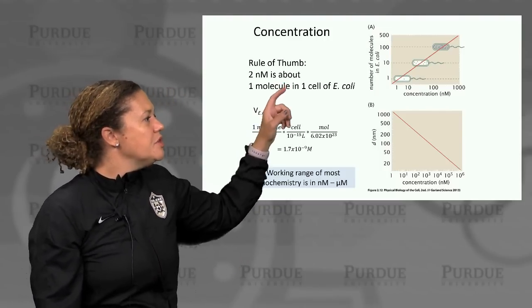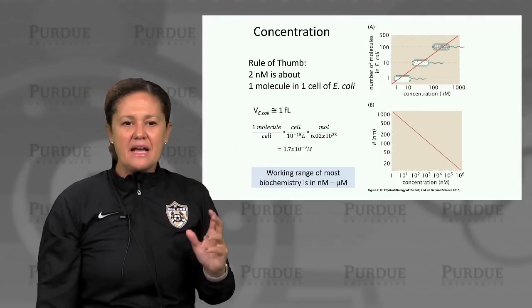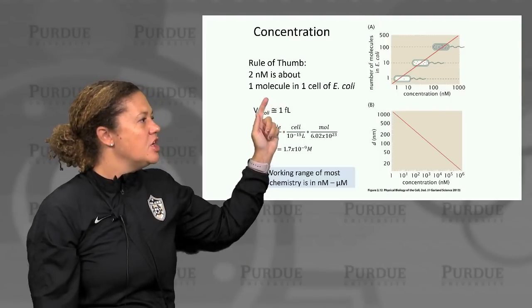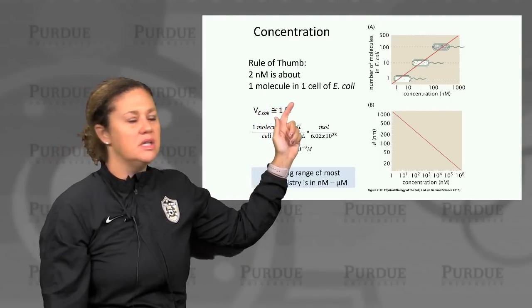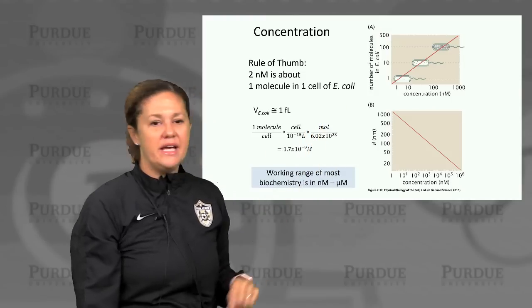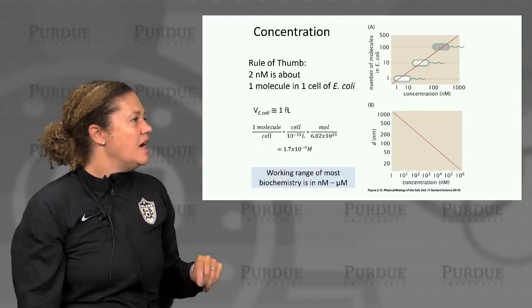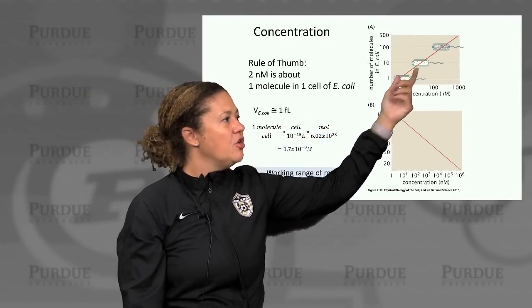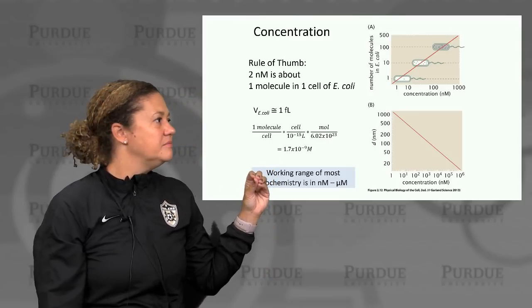Okay, so a rule of thumb here, again, it's good to have these rules of thumb for our sort of back of the envelope thinking of engineering. And one rule of thumb is about 2 nanomolar is about 1 molecule in 1 cell of E. coli. Again, this is working on this 1 femtoliter volume. And you can see here how concentration now translates for an E. coli into the number of molecules in the cell, right?